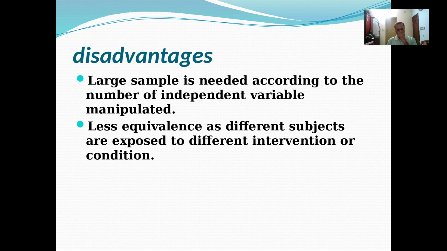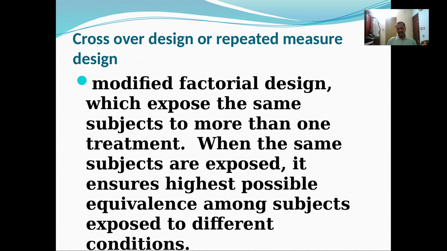How we can overcome these disadvantages and make a study more scientific is by using another design. That design is called the crossover design or repeated measure design. So what is crossover design? It's a modified factorial design which exposes the same subject to more than one treatment.